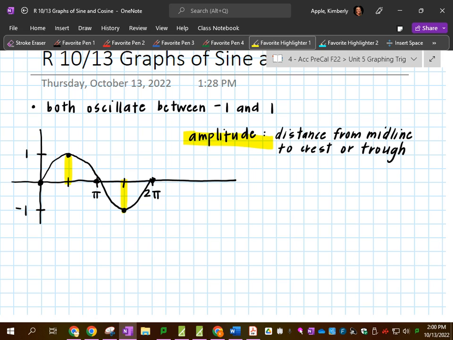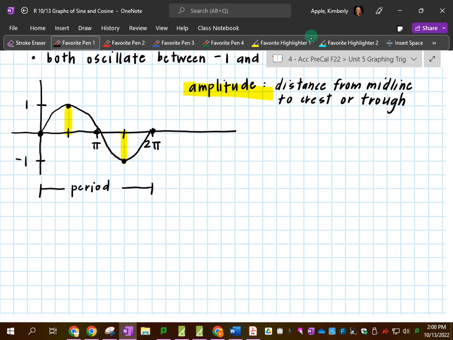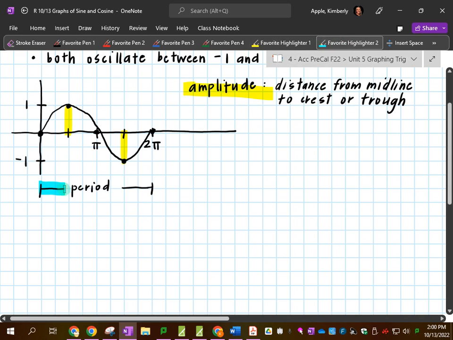That's amplitude. And then we have this other metric that we look for, and this is the period. For this one, that is from 0 to 2 pi. That's the period from here to here.